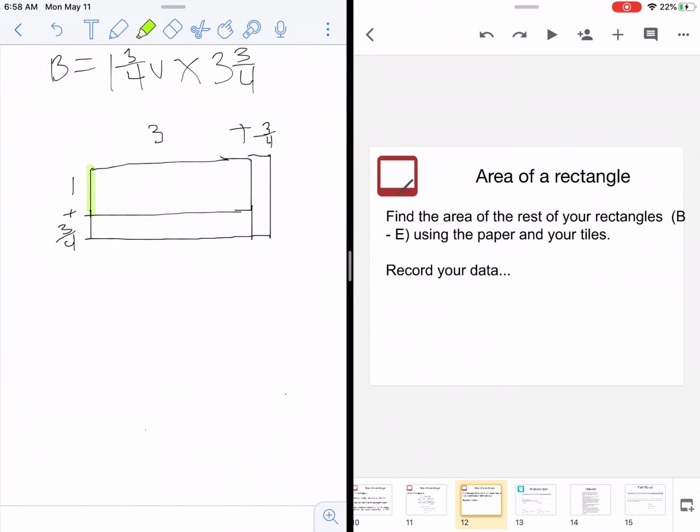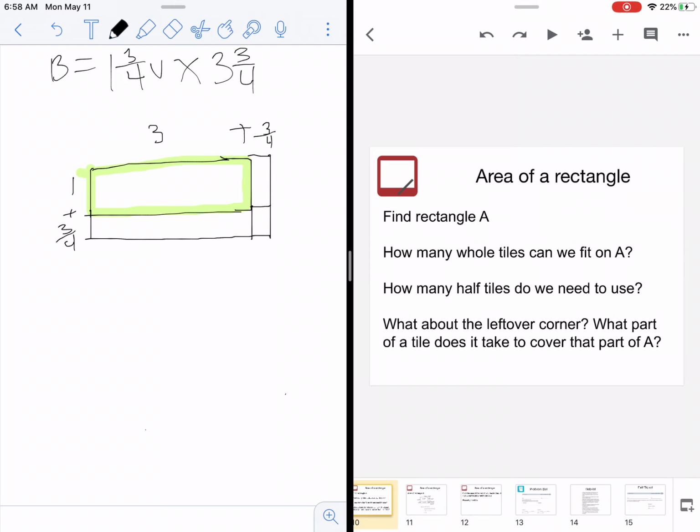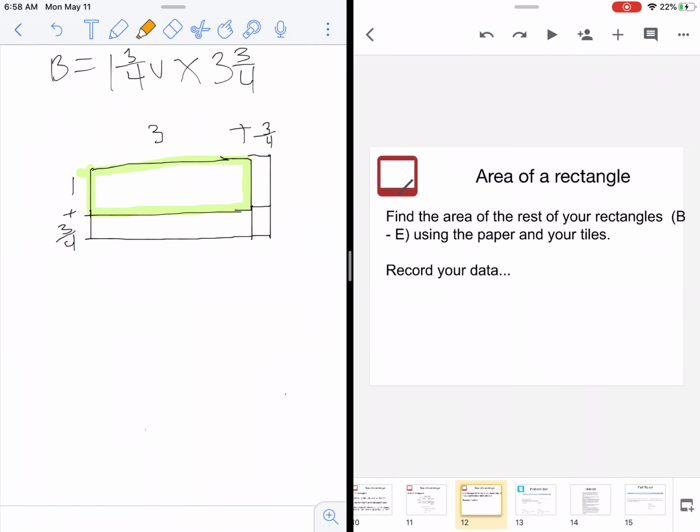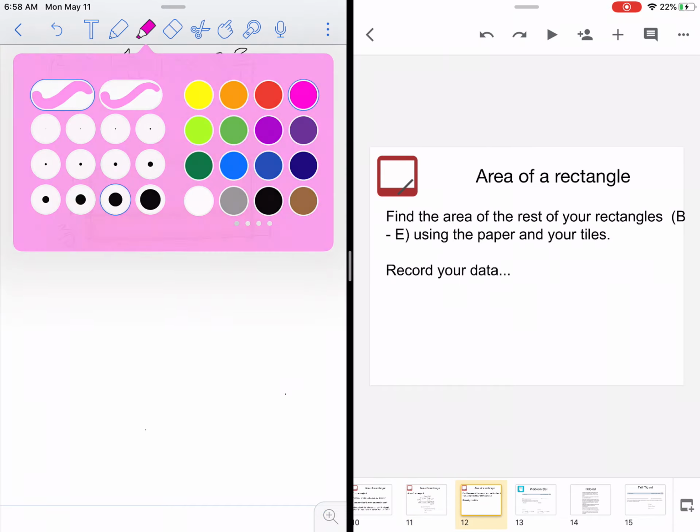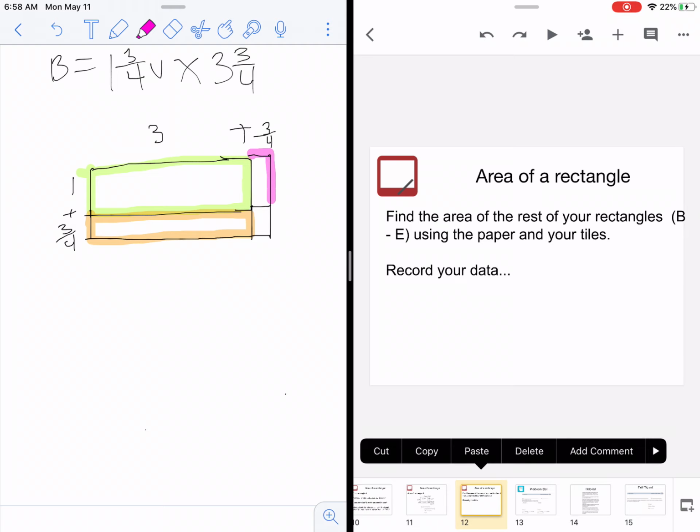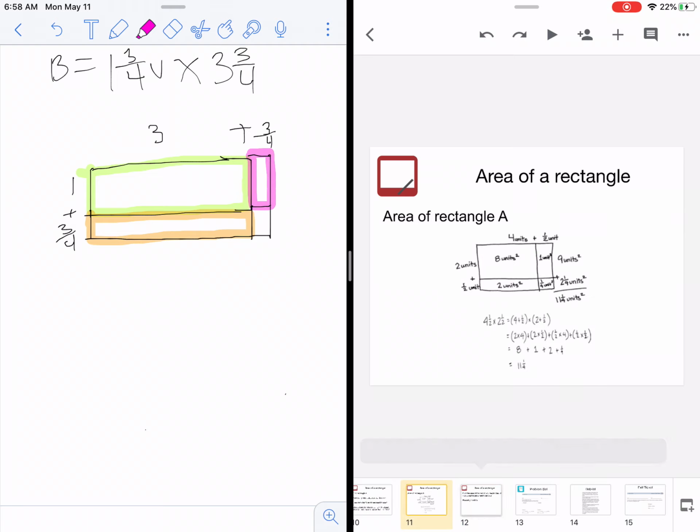We're going to find the area of 4 different pieces: we have green, we have orange, we did pink, and blue. So we have to find the area of 4 different pieces.